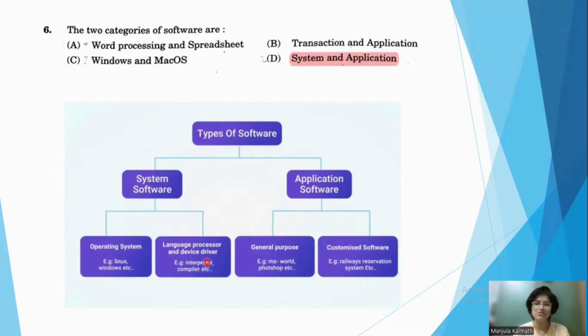The interpreter converts step by step from high level to low level. The compiler does the same task, but it converts the whole program at a time from high level language to low level language. These are the language processors.